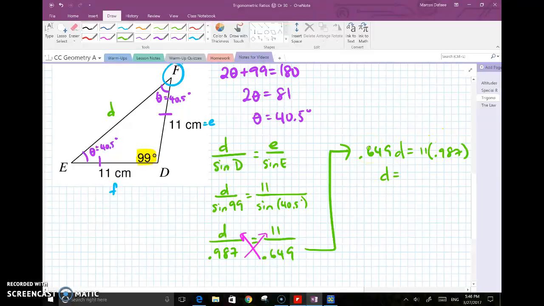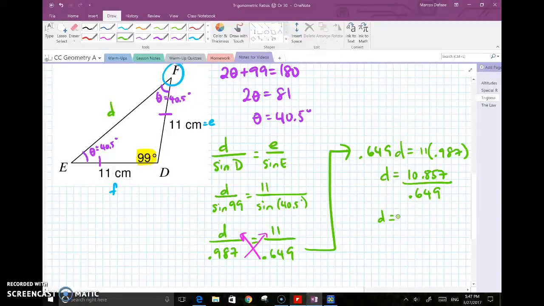So let's see, 11 times 0.987 is 10.857. So 10.857 will be divided by 0.649, just using my algebra skills here, okay?